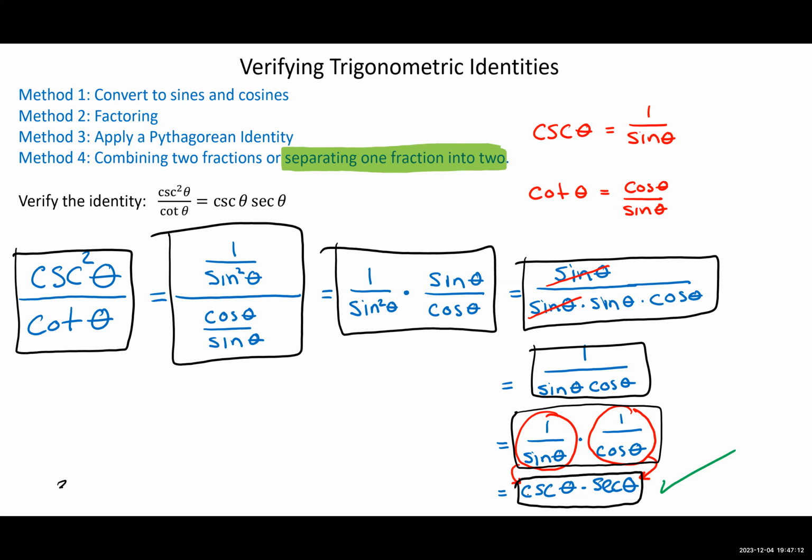So 1, 2, 3, 4, 5, 6 steps. Not terrible. But you can see the progression from the first problem to the fifth problem, they're getting a little bit more difficult, and it only gets more interesting from here.